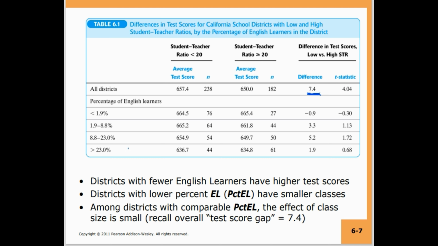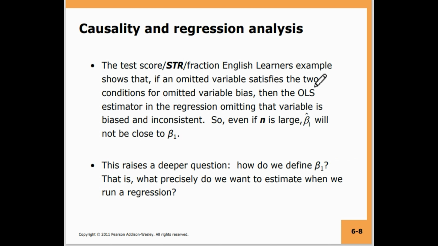As we can see, in each of these cases the difference is less than 7.4. So are we making a mistake when we say that in fact reducing the class sizes has a large effect on the standardized scores? So this is what we are saying. When it is larger than average, that is what we call an omitted variable bias.